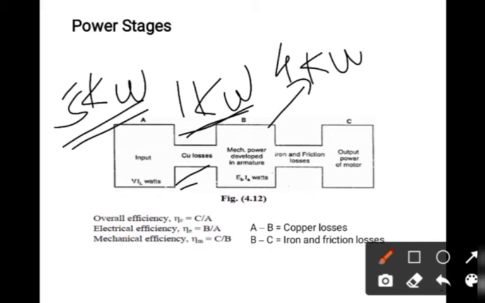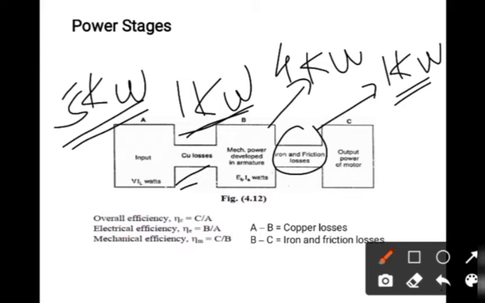So 4 kilowatt of electrical energy is available to the armature. After that, consider iron and friction loss is 1 kilowatt. After overcoming this iron and friction loss, the remaining power available at the shaft of the motor is 4 minus 1, we get 3 kilowatt, the output power of the DC motor.